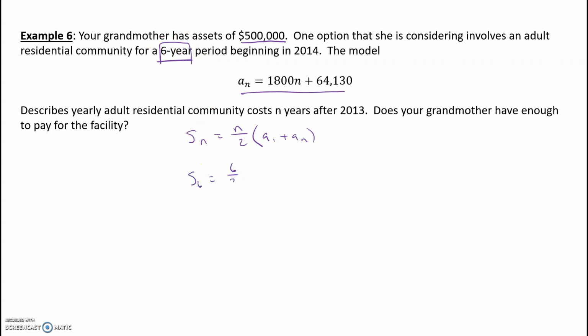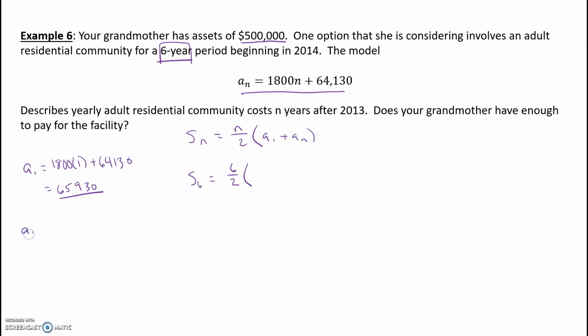So we have 6 divided by 2. Oops, I forgot to do something. We need to find our first term and our last term. My bad. So our first term is 1,800 times 1 plus 64,130. So we're going to get 65,930. There's my first term.